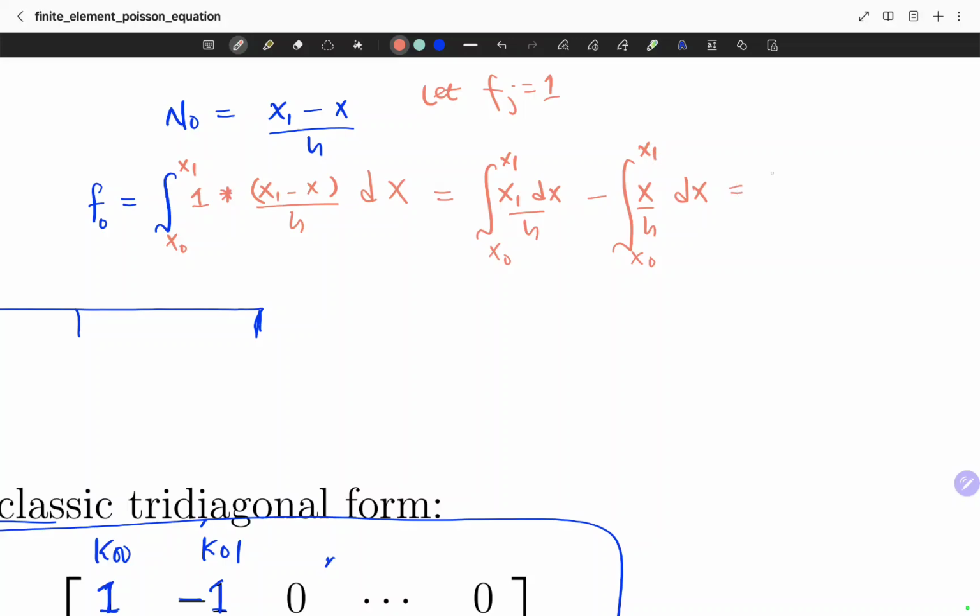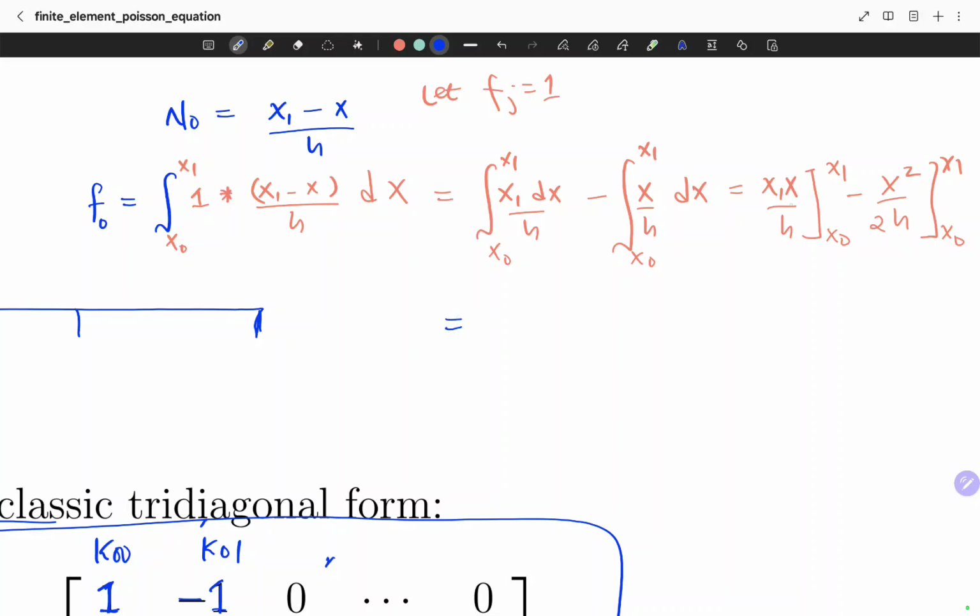This gives you x1x over h from x naught to x1, minus x squared over 2h from x naught to x1.